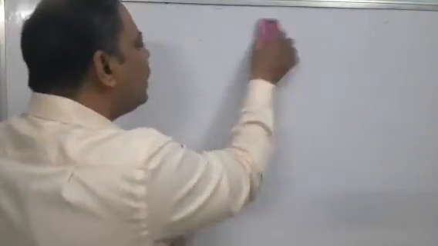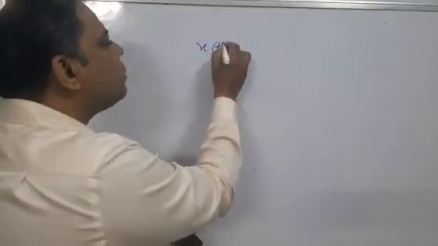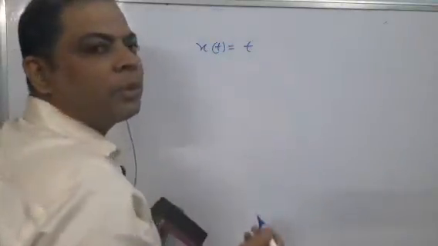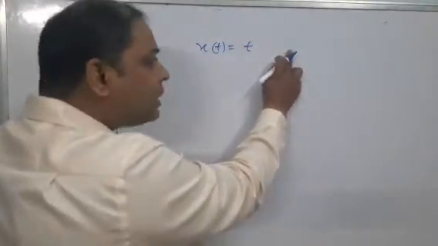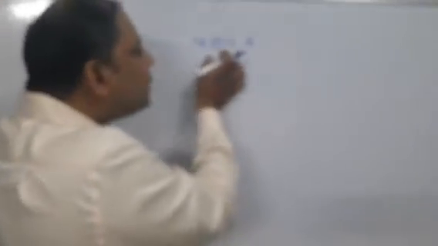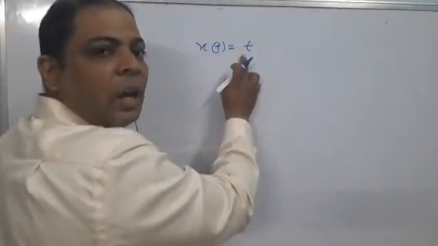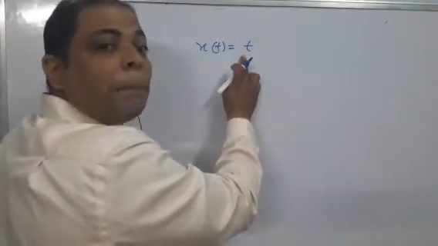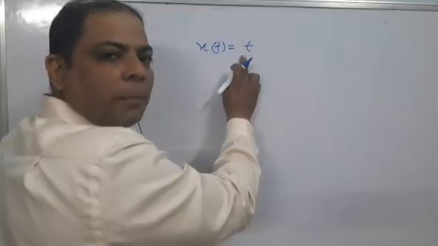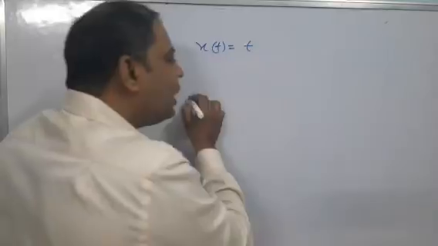Suppose it is given x(t) is equal to t. Nothing is mentioned, so for all t you have to plot t. Here y is equal to mx. You have to plot the equation of a straight line for minus infinity time to plus infinity time, that is, for the entire time axis.